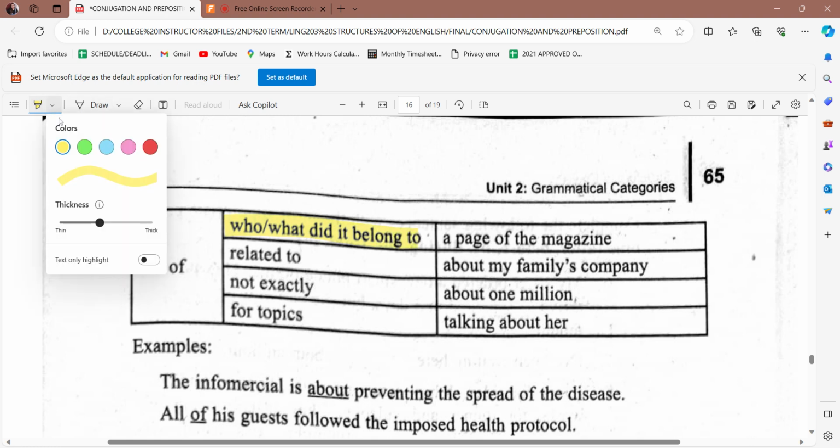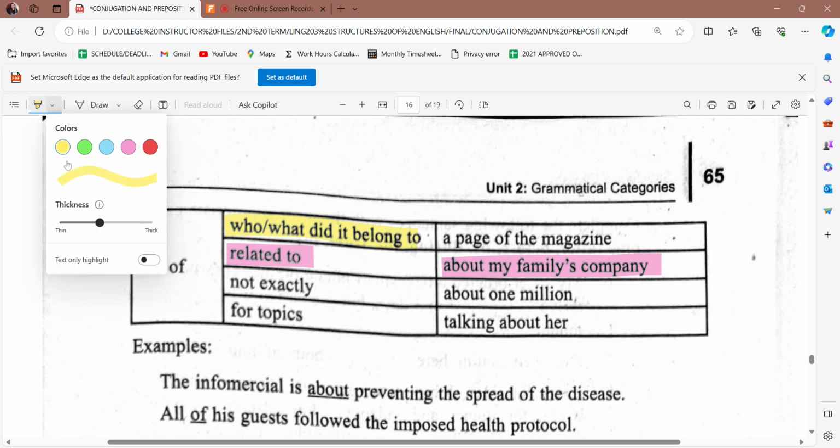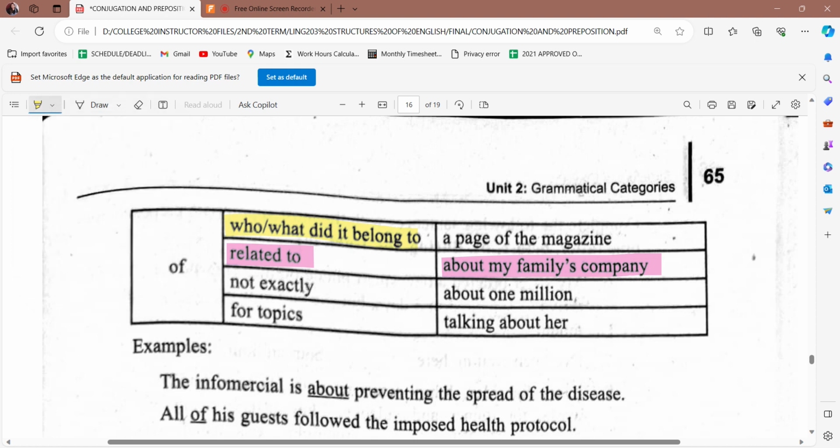We also have related to: about my family or my family's company. We also have not exactly, or about 1 million.